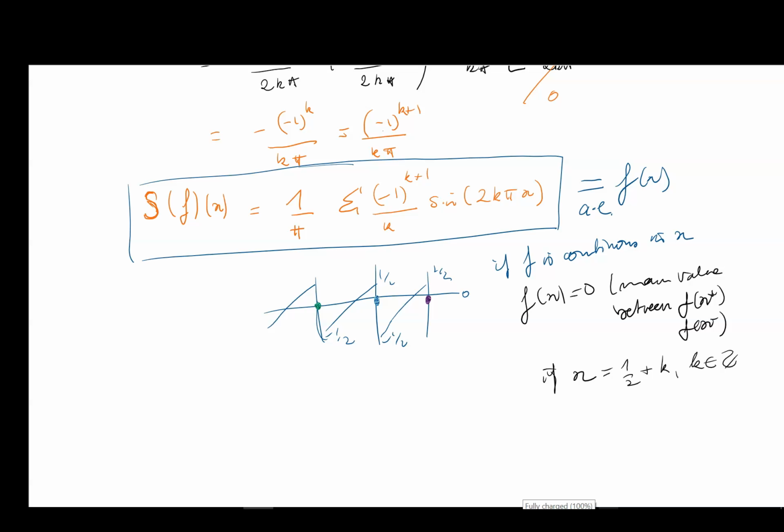So that's going to be 1 over 2, 1 plus 1 over 2, 2 plus 1 over 2, and so on. Okay, so that's for the convergence. That's important, all right? Your series converges to the function everywhere there is no discontinuity, and at discontinuity points, it's going to converge to the mean value between the two steps, right?